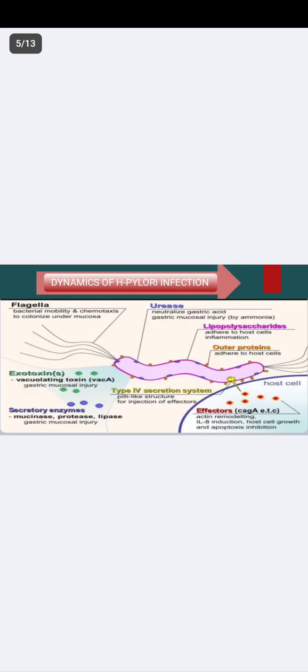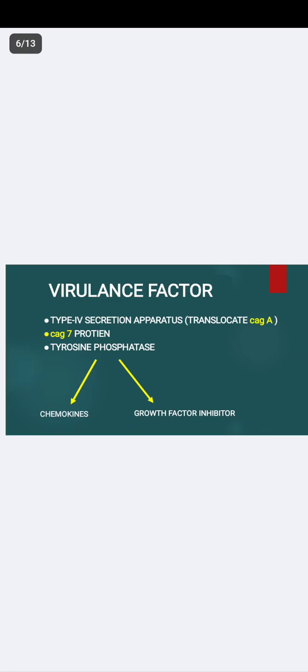So now we are going towards dynamics of H. pylori infections. This diagram shows general dynamics of H. pylori: flagella, urease, exotoxin, secretory enzymes, type 4 secretion system, effectors, outer proteins, lipopolysaccharides.